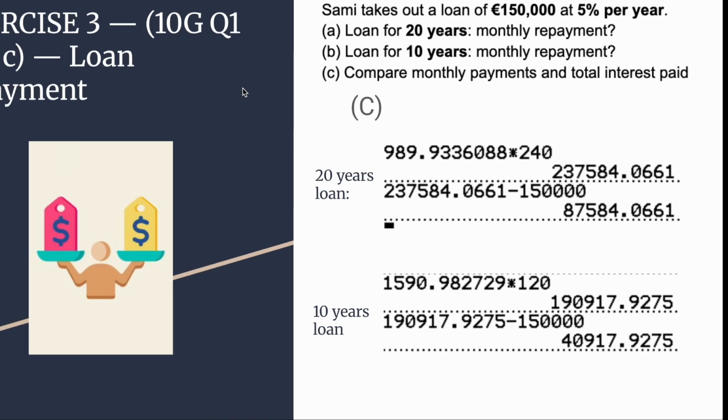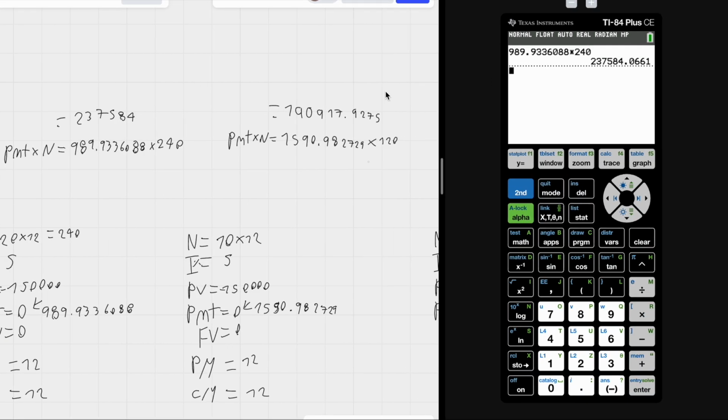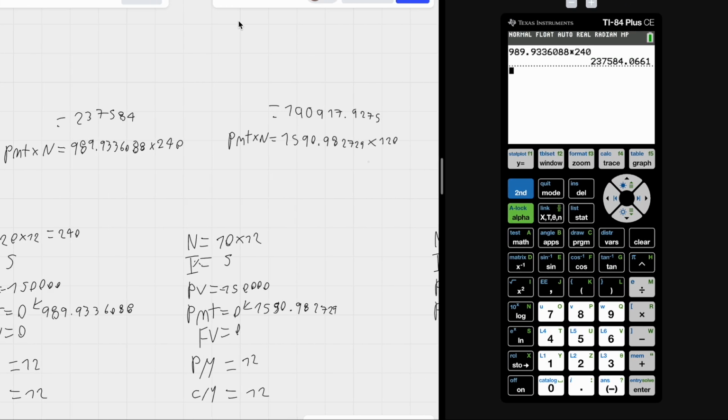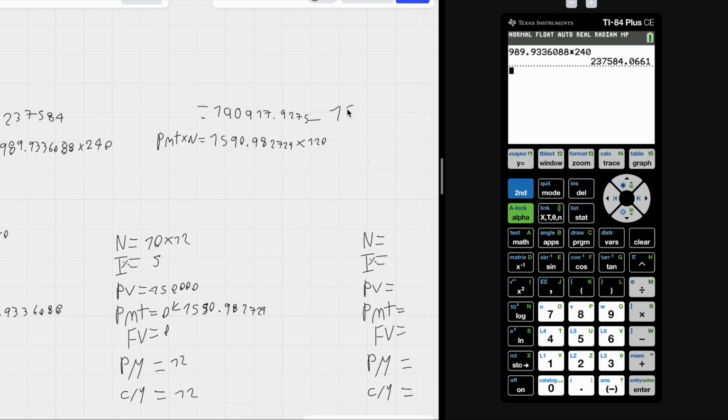So here we can see that these are the monthly payments in total, but we need to know also the interest paid. So to know the interest paid, we are just going to subtract from this the present value, which is this one and this one.